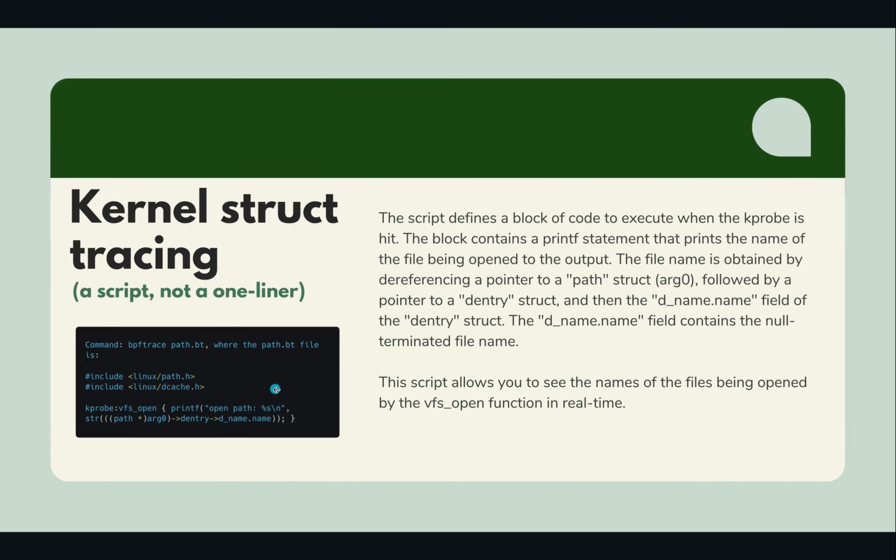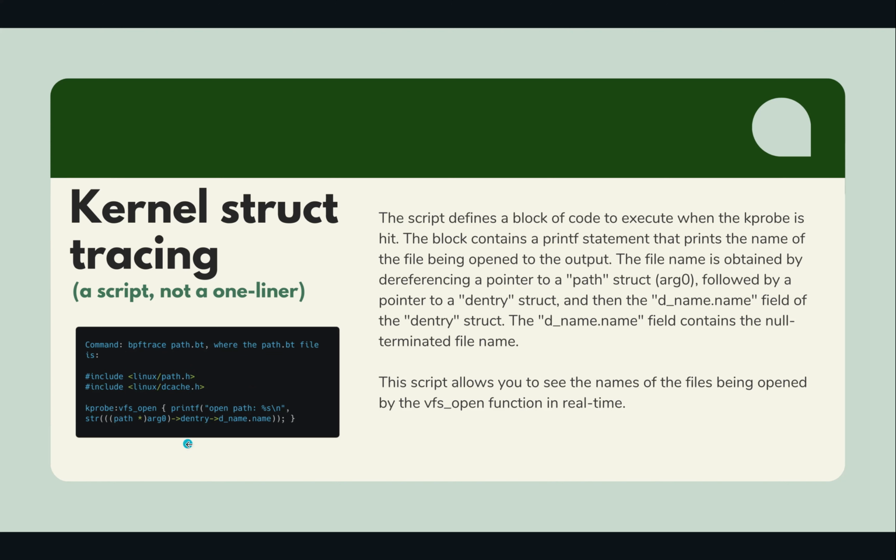Yes, so until now, we have seen one-liners for Bpftrace. We can also provide a particular script to it with the extension .bt. For example, bpftrace path.bt, where path.bt contains these lines.